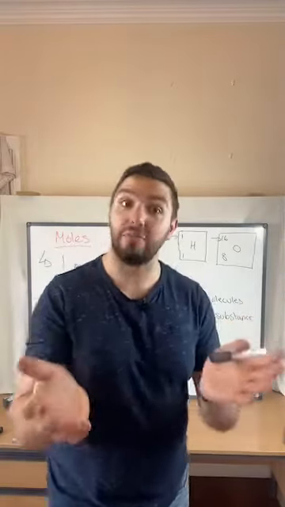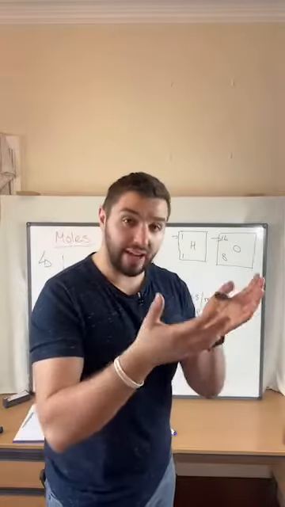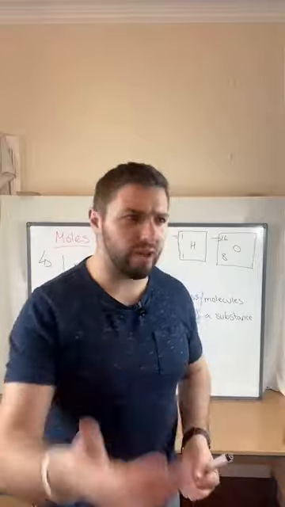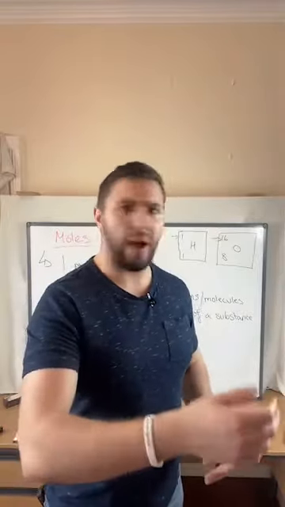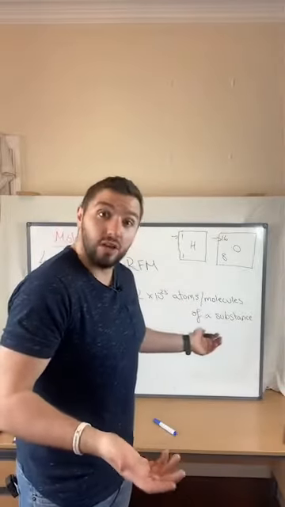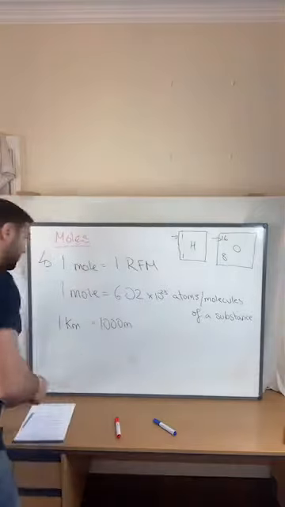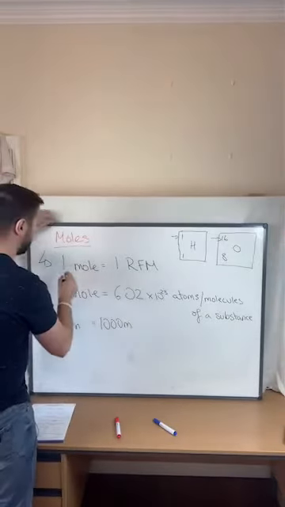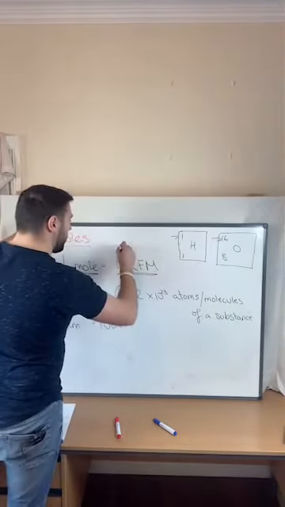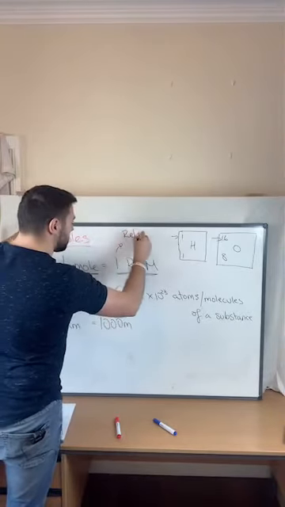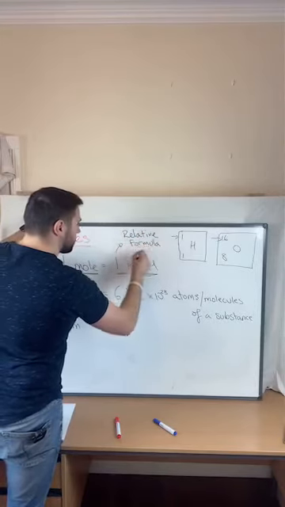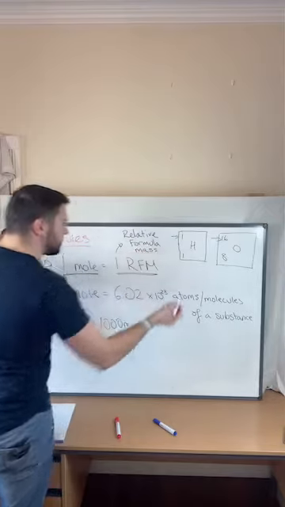Avogadro is the scientist that said, this is what we're going to name it, tough luck. It's like who decided to name things miles or kilometers or pascals or pressure, all of that stuff. When we look at different units, a mole is just a unit of measurement. That's all it is. But the way it's linked for us is if we're talking about 1 mole, that's also saying that it's equivalent to 1 of the relative formula masses of a substance.